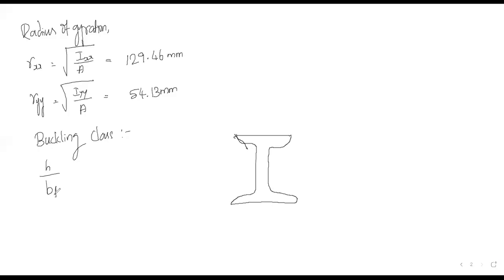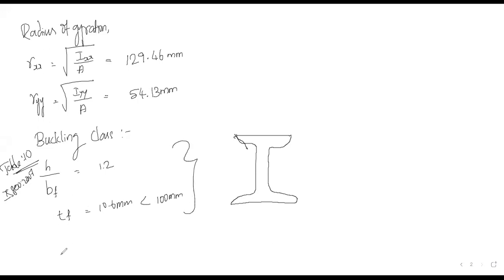H by BF, from table 10 of IS 800 2007, is equal to 1.2. Next, thickness of flange is equal to 10.6 mm, which is less than or equal to 100 mm.